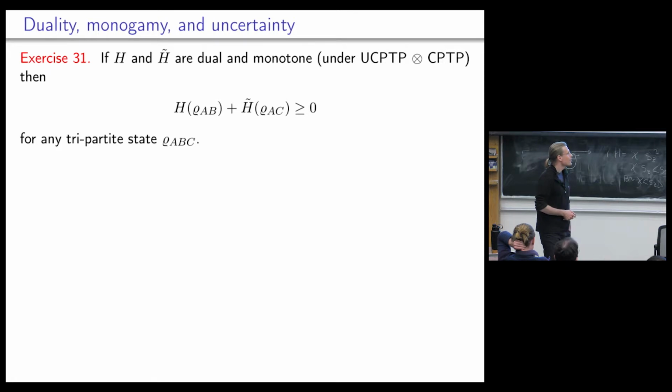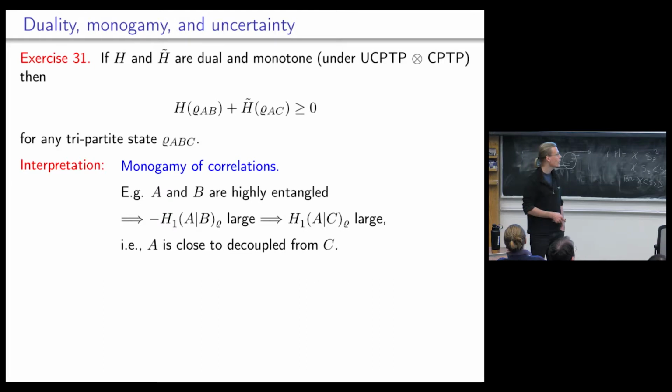And yet another beautiful thing about duality is that if we have two conditional entropy functions that are dual to each other and both of them are monotone under this special kind of maps, then obviously this sum is non-negative on arbitrary tripartite states, not only pure states. And the interpretation of this quantity is a certain monogamy of correlations.